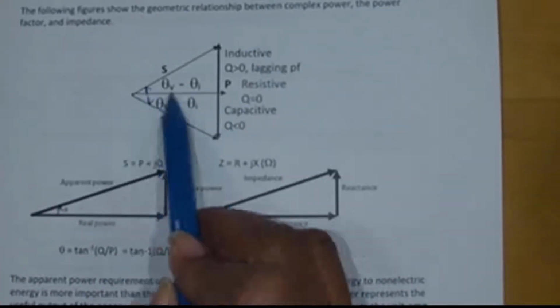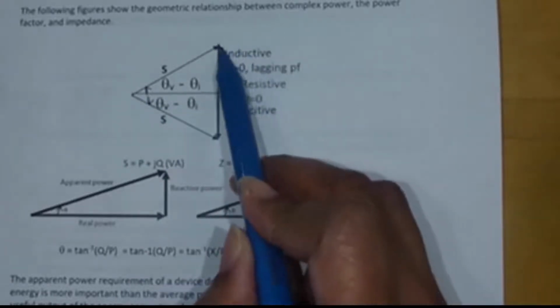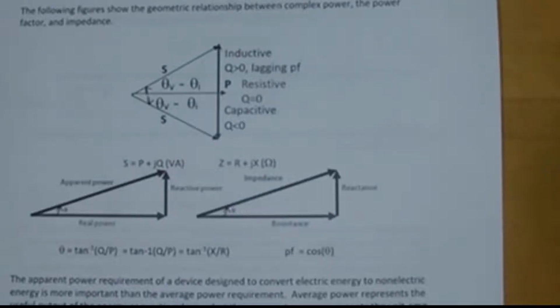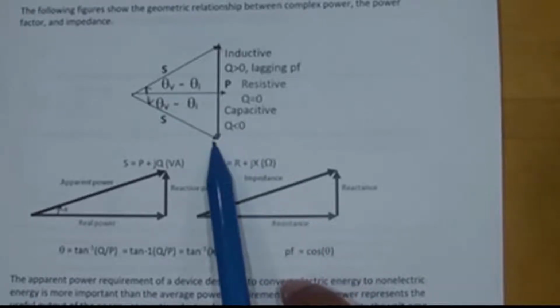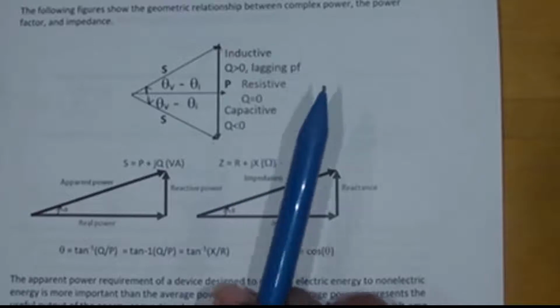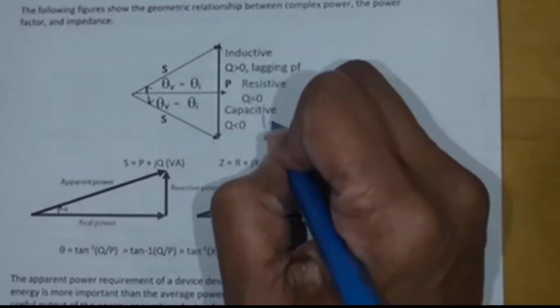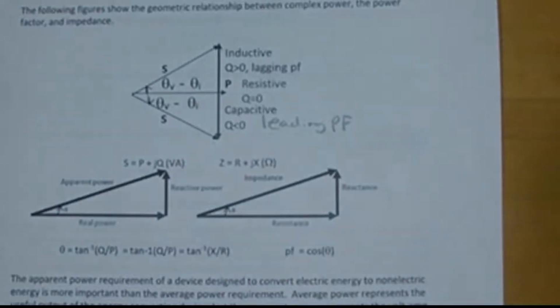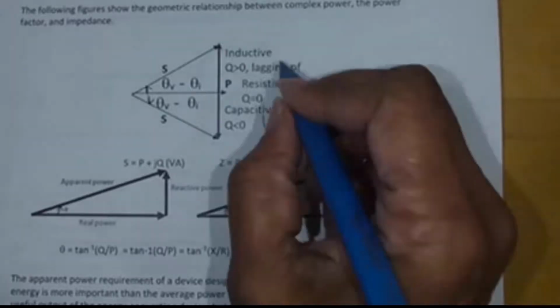If I have S equals P plus jQ, if Q is positive, that triangle has a lagging power factor because Q is greater than 0. Or if Q is negative, this triangle at the bottom has a leading power factor because Q is less than 0. Or if Q is equal to 0, it's resistive. Power factor is equal to 1 if it's resistive.